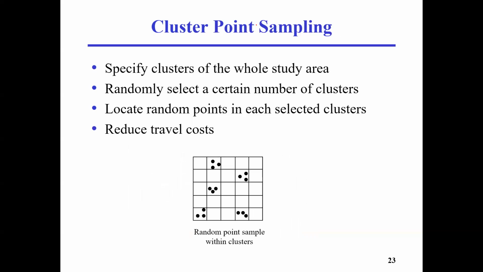And the cluster point sampling, you simply divide the whole space into small subgroups for this specific example, right? We have 1, 2, 3, 4, 5. 1, 2, 3, 4, 5. 5 by 5, 25 cells. We have 25 cells exhausting the whole space, right?